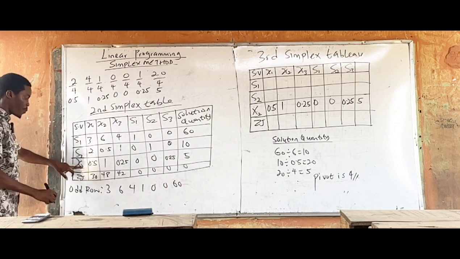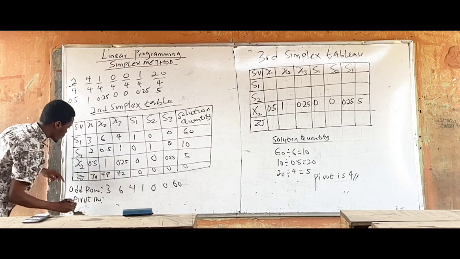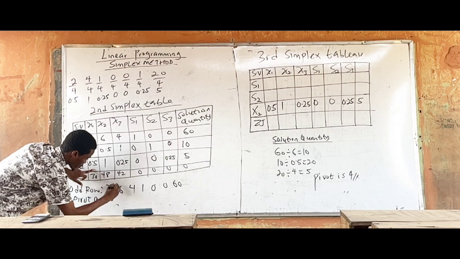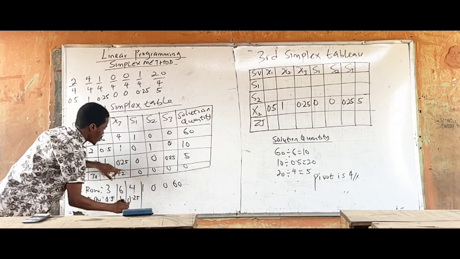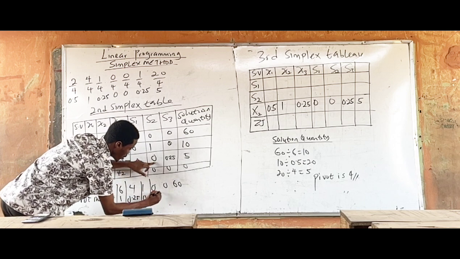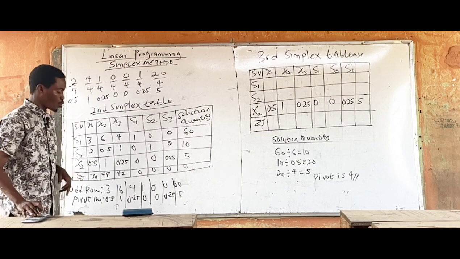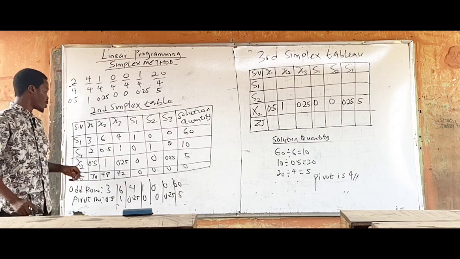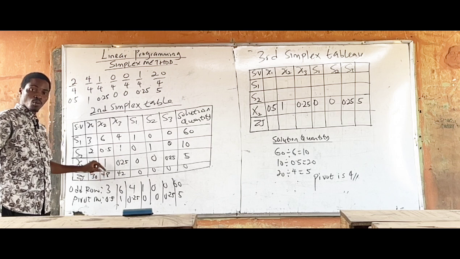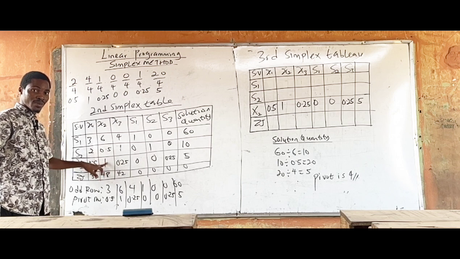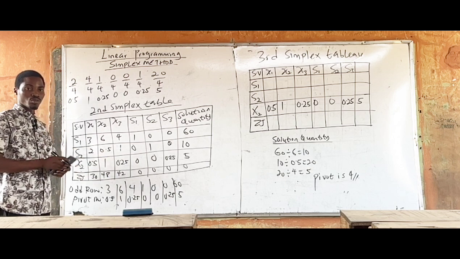Then my pivot row elements are 0.5, 1, 0.25, 0, 0, 0.25, and 5. So my target is, except for the pivot element, which will be 1 when we divide by 4, I want to make this one 0, this one 0, this one 0.